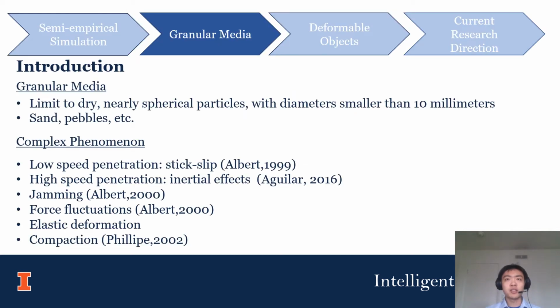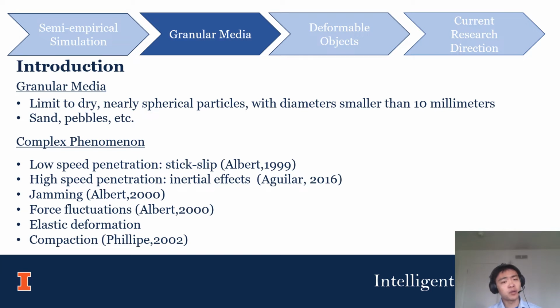In my first project, my motivation is the simulation of a robot traversing granular terrain. When we talk about granular media, we are talking about dry spherical particles that are relatively small, and sand and pebbles fall into these categories. The behavior of granular media interacting with rigid bodies is quite complex.